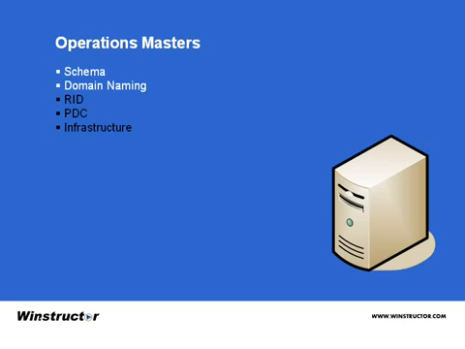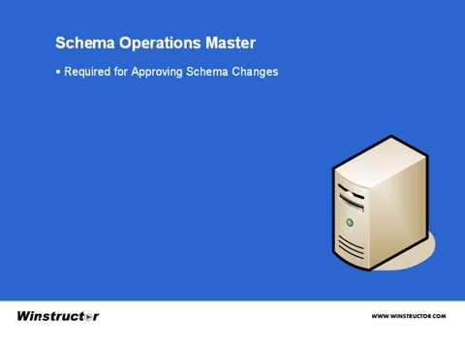Now the first 2 roles, the schema and the domain naming role, are referred to as forest roles, whereas the remaining 3 roles, the RID, PDC, and infrastructure roles, are domain roles. Now this simply means that with forest roles, there will only be one server that holds that role in the entire forest, whereas with domain roles, there will be one server that holds an operations role in each domain. Okay, so let's go and take a look at each of these in order.